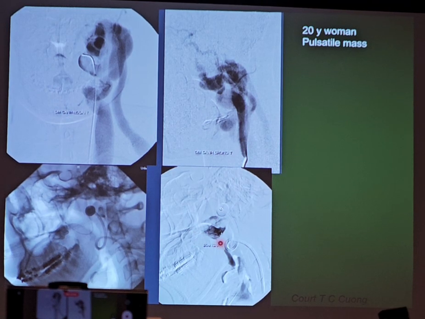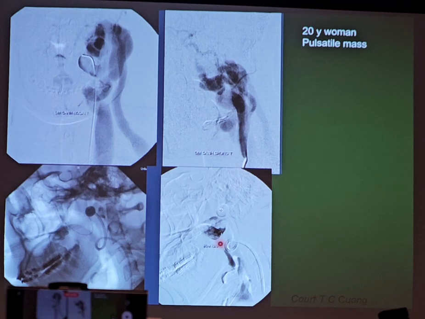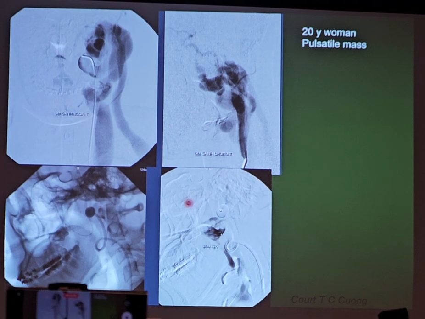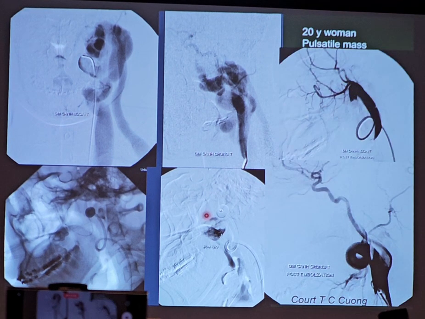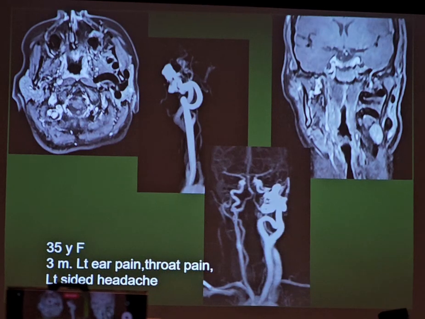This is another way to stop the flow if the artery is available for you to use. The glue injection is nice because you just stop the flow using this type of material, and this is the result, where they could put the embolic material nicely into the area of the fistula.